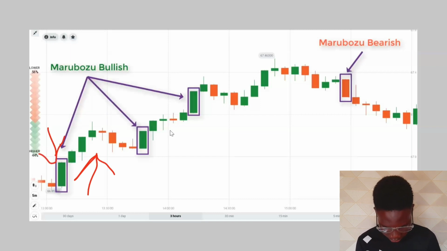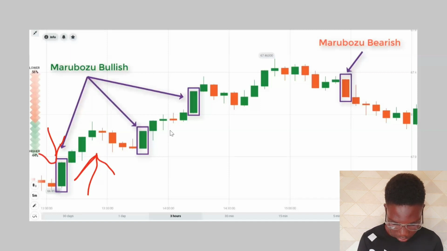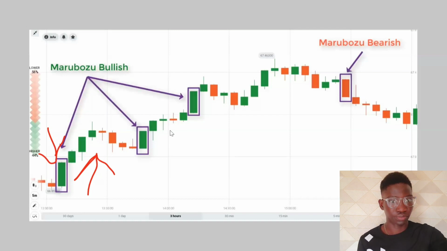They are majorly big candlesticks, and a Marubozu is identified when they have no wicks, or little wicks. So big candlesticks with either no or little wicks are majorly Marubozu. So they are either bullish or bearish Marubozus.